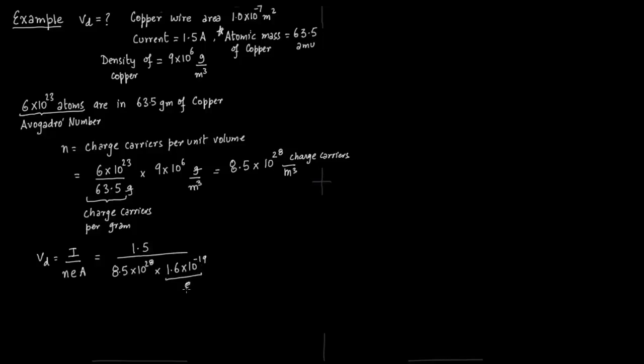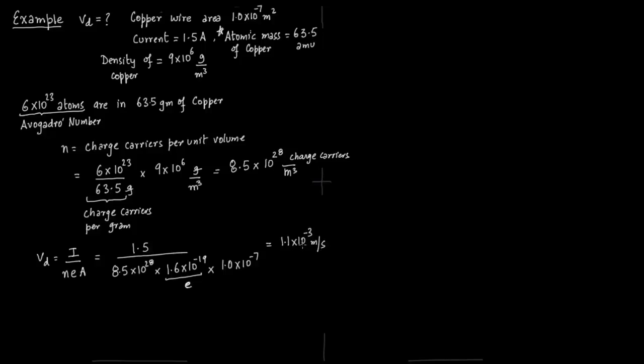And the area is also given to us as 1 into 10 to the power of minus 7. So this will become equal to 1.1 times 10 to the power of minus 3 meters per second.